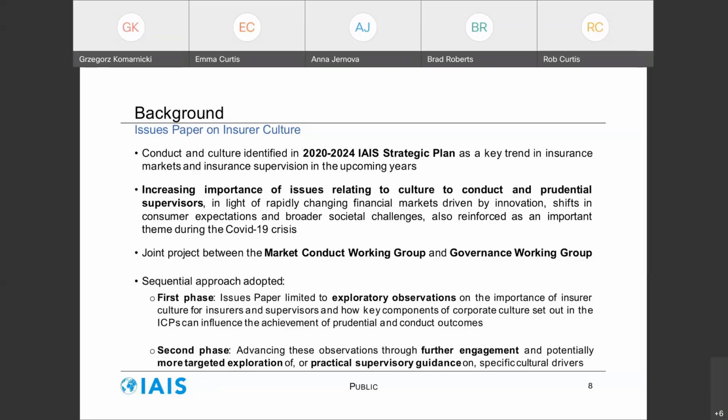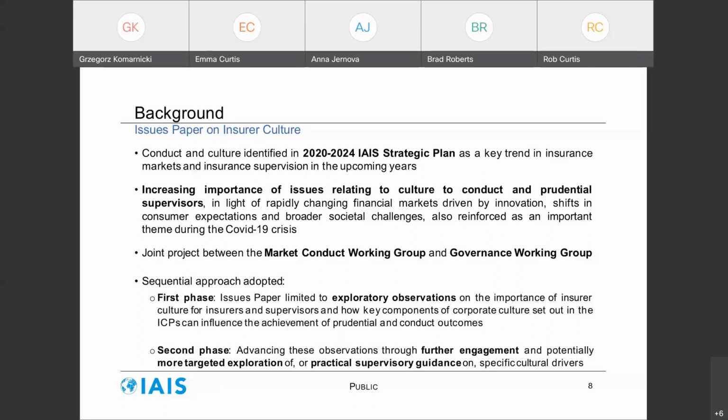Given the importance of this topic, the Market Conduct and the Governance Working Groups were tasked with developing this paper. We acknowledge that issues relating to culture are complex and wide-ranging in nature, and that's why we've adopted a sequential approach to address this really important topic.